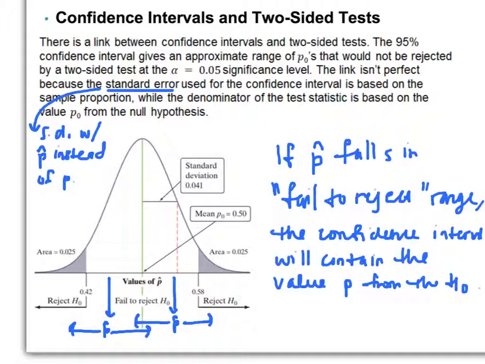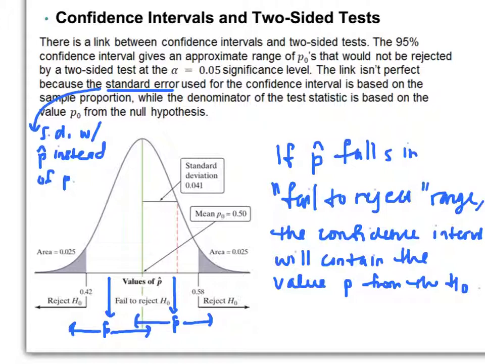Okay? Meaning that, remember what a confidence interval gives you. It gives you the range of plausible values. So if your confidence interval contains the null hypothesis, that means the null hypothesis is a plausible value for your true population proportion.